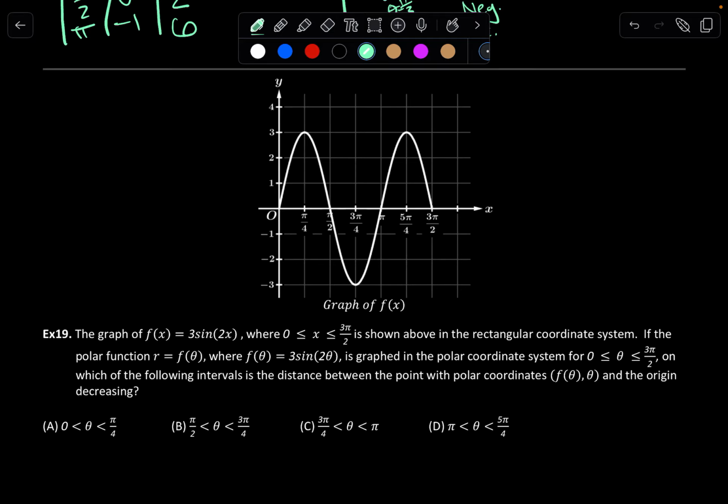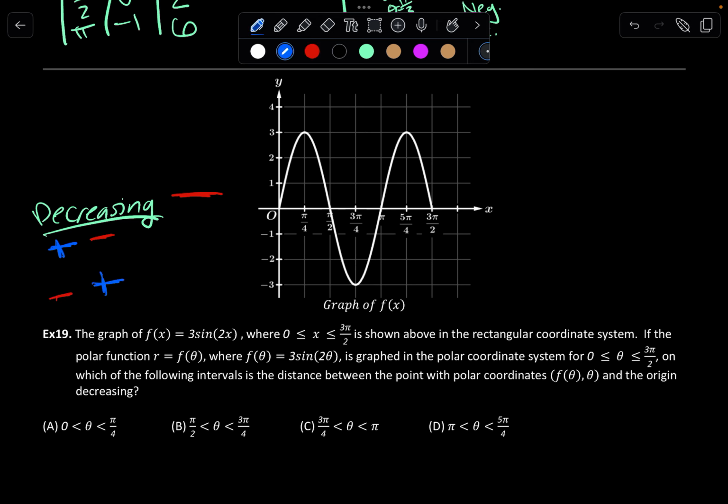Okay, so if we're thinking decreasing distance, that means it's going to be negative. And to get that negative, we need a positive with a negative, or we need a negative with a positive, all right?